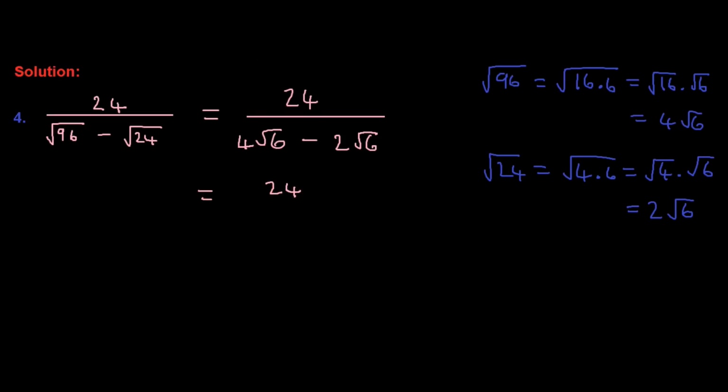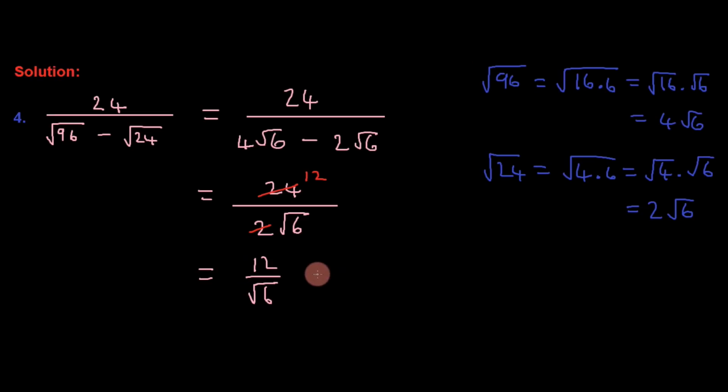We can add like terms in the denominator. 4 minus 2 is 2, so we have 2 root 6 left in the denominator. Then, of course, 2 can go into 24 12 times. So we have 12 divided by square root 6.